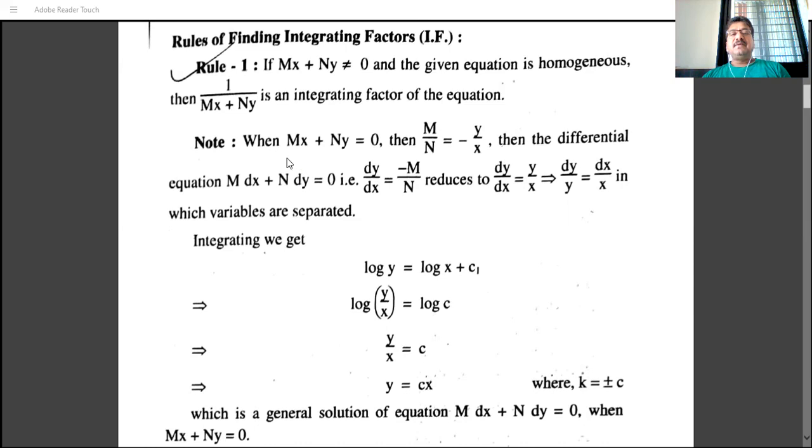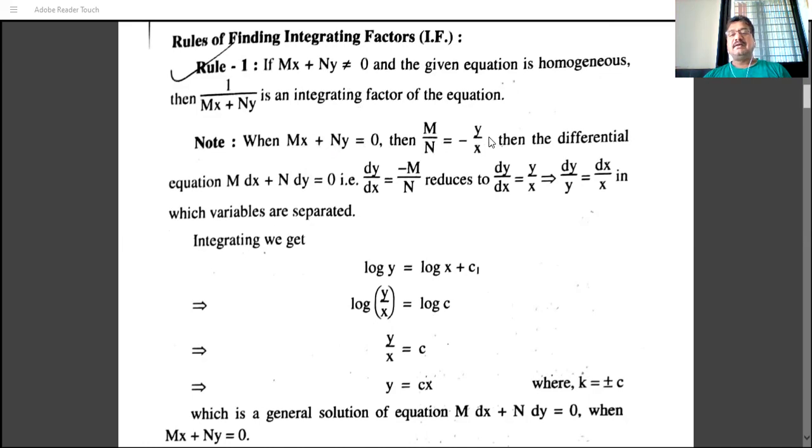Now when Mx + Ny is 0, then M by N is minus y by x, because when Mx + Ny is 0, M and N are the same but different in sign.